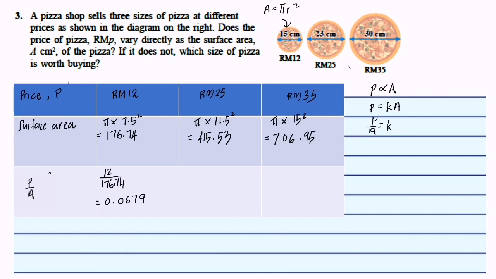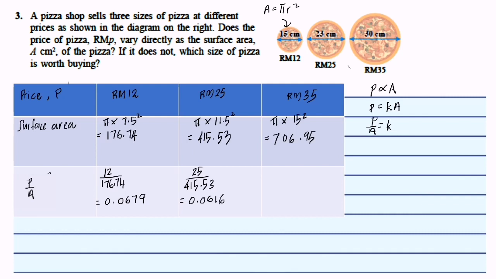Okay, for the second pizza, we also count P over A. P is 25 and A is 415.53, so it equals 0.0616.